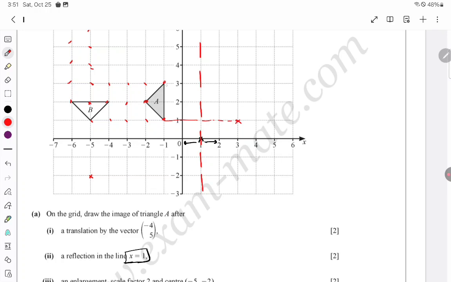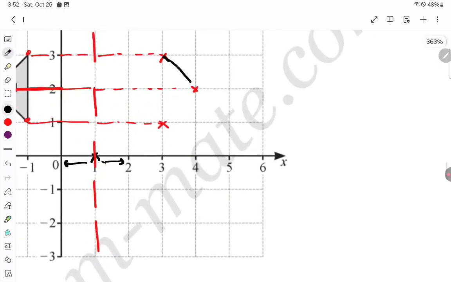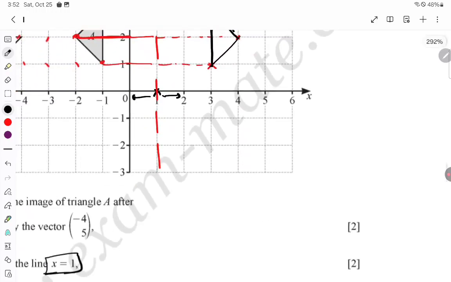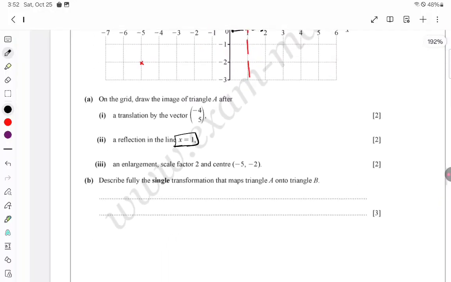For the second point, again 1 unit, 2 units on the right-hand side, and this is 3 units from this side, 3 units from that side. Just connect the points. So we get another triangle with a reflection line x equals 1.